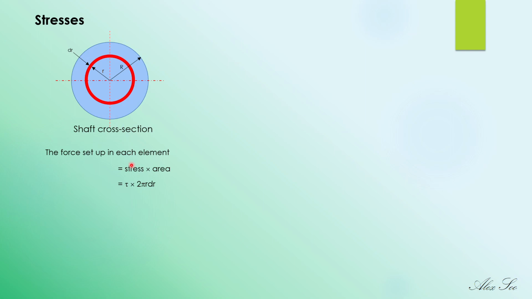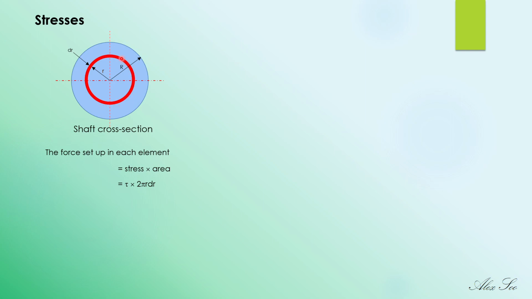And the area here, remember, for any shear stress or any shearing force or tangential force, the area that we consider should be on the same plane as the shear stress. So that means parallel. So the area that you have to consider is the area of this elementary ring here.